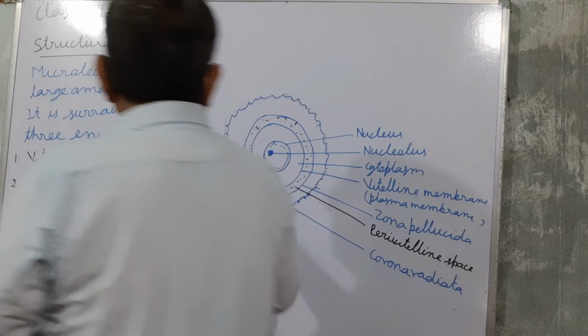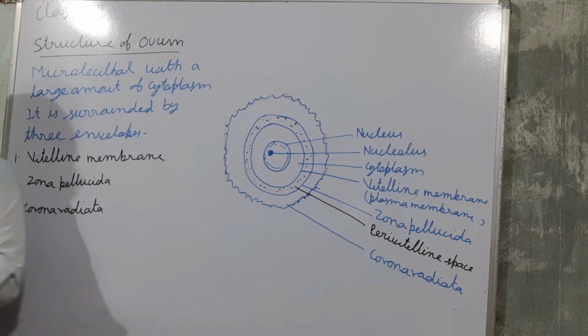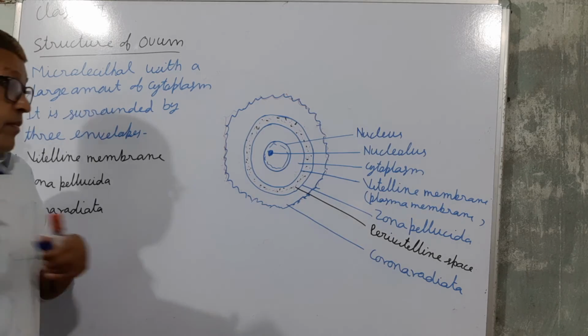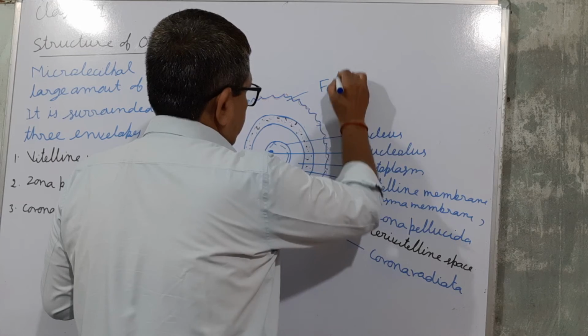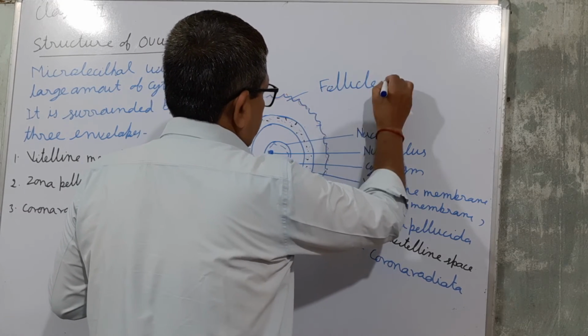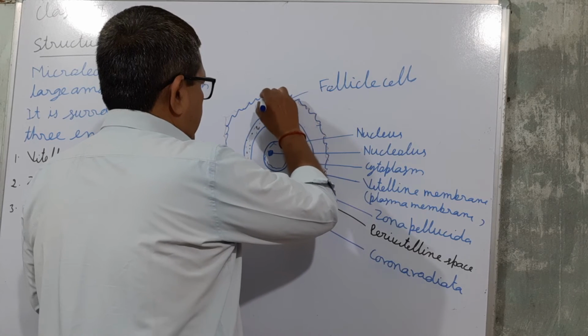Some cells you can see here. These cells are called follicle cells. Here we can see some follicle cells.